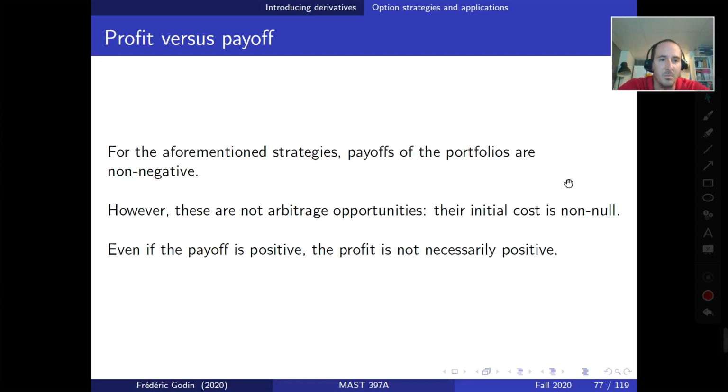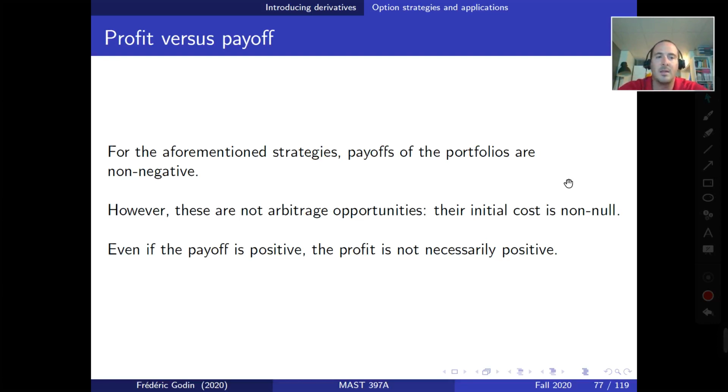The answer is no. The reason is that if you set up a call spread, although your payoff will be non-negative, you will have to pay a premium to enter this strategy. So the initial price of the portfolio is not zero in that case. So these aren't arbitrage strategies.